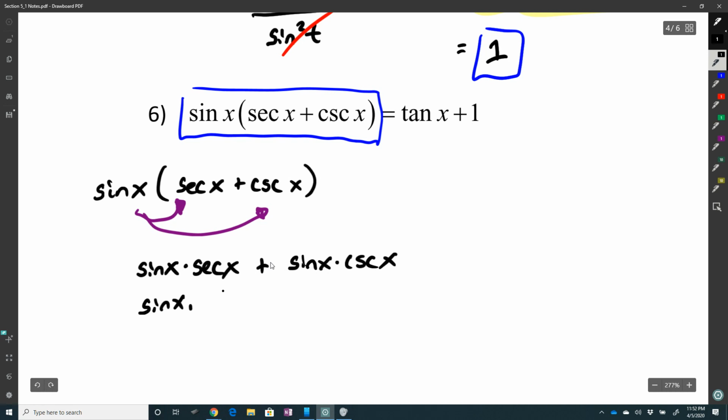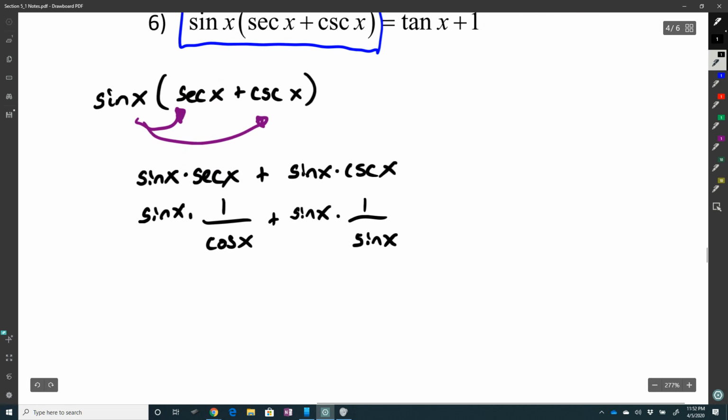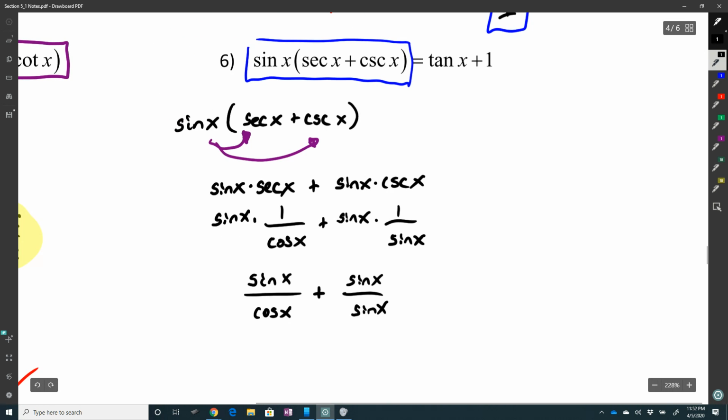Secant is just 1 over cosine. And I'm trying my best to line everything up. Cosecant is 1 over sine. And notice that you end up with sine of x over cosine of x plus sine of x over sine of x. And sine x over cosine is tangent of x.